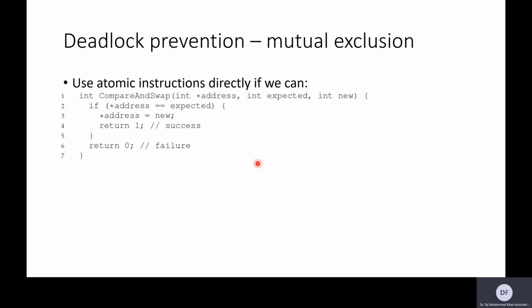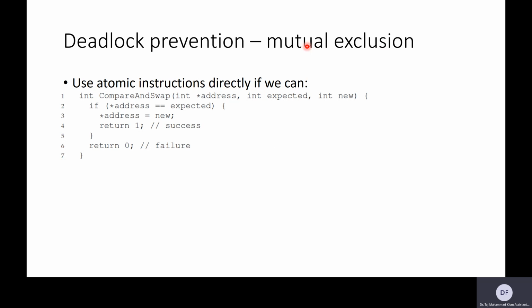There are also other mechanisms to prevent deadlock, which is mutual exclusion, in which the threads that are trying to access the shared resource in a mutually exclusive manner are using locks to implement mutual exclusivity.